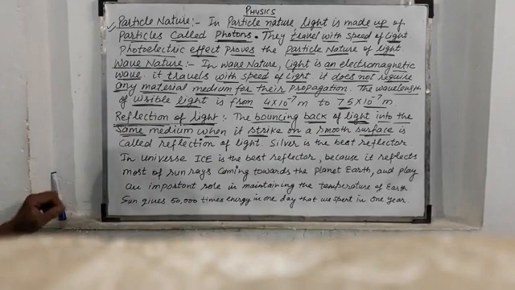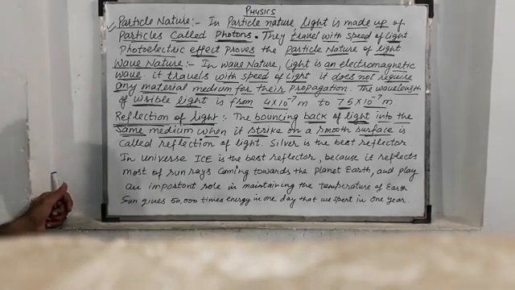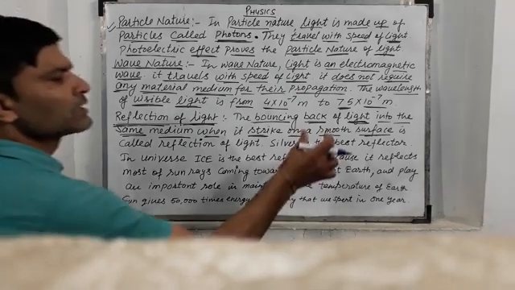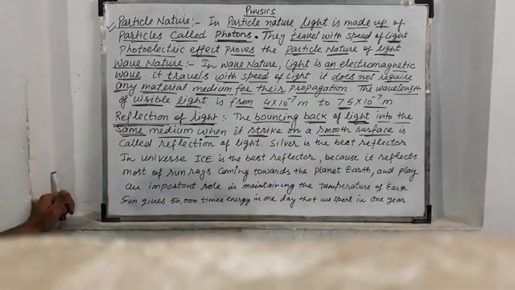The reflection also takes place from a rough surface, but the energy reflected back will not be 100% or 99%. The percentage may vary. So for 99% or 100% reflection, the surface must be smooth.